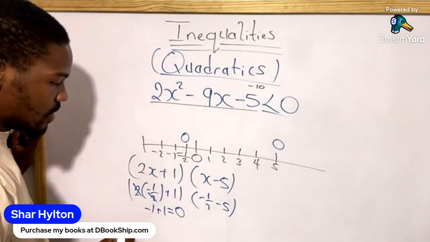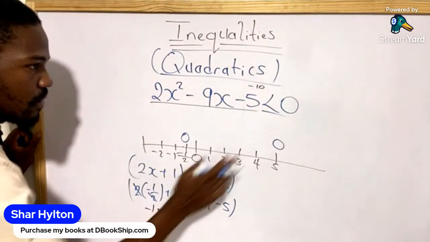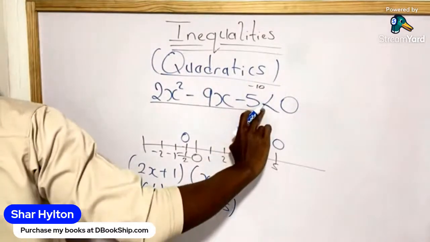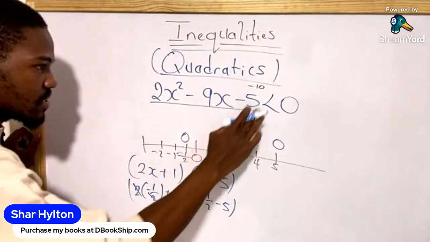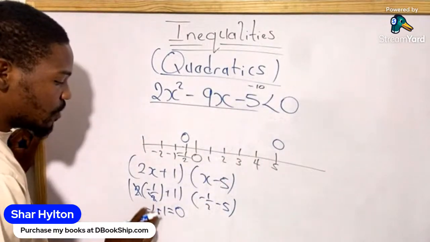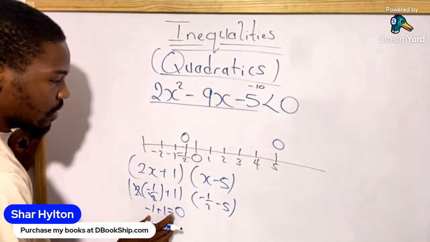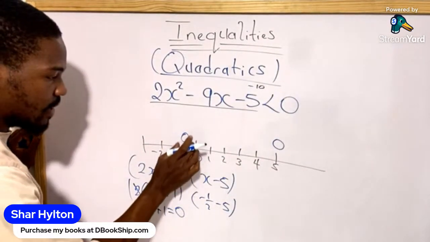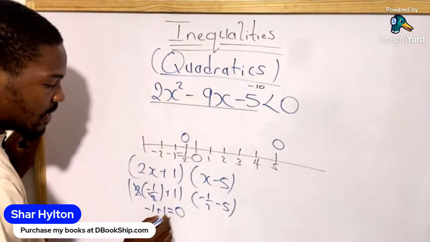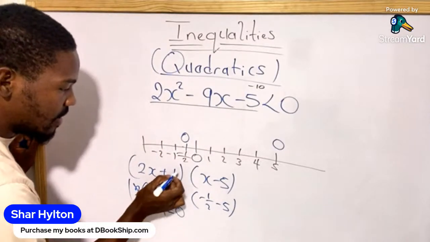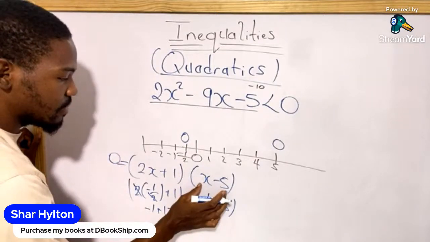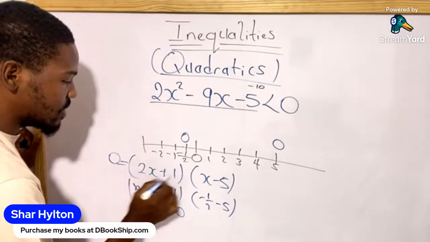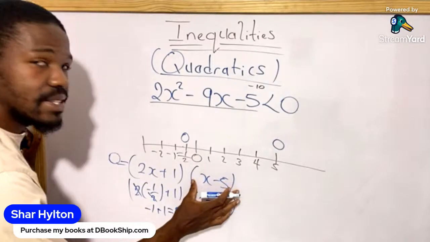Right. So here now, the question didn't have less than or equal to 0. It just had less than 0. So if we look at here, using the negative a half, this value right here equals 0. 0 times whatever is in this bracket equals 0.